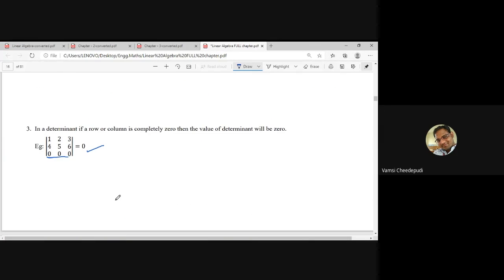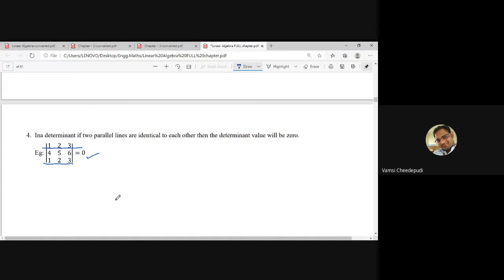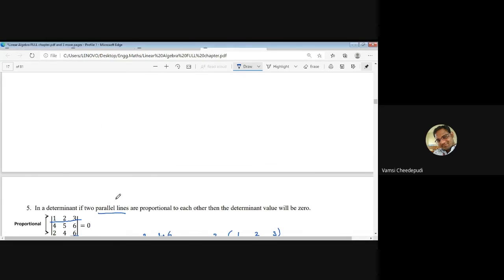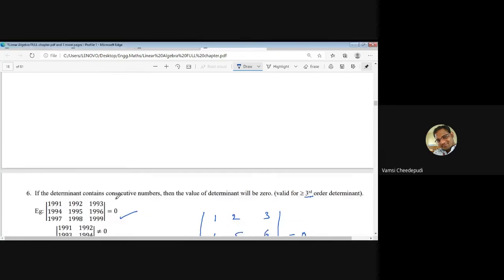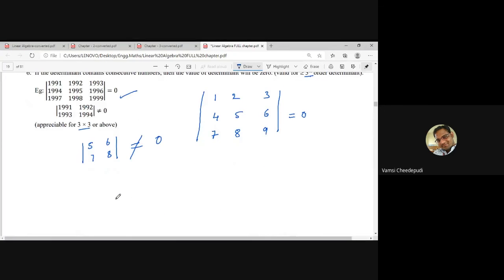If any one row or column is completely zero, then the determinant is zero. If any two parallel lines are identical or proportional, then that will be zero. The determinant of consecutive numbers is zero.